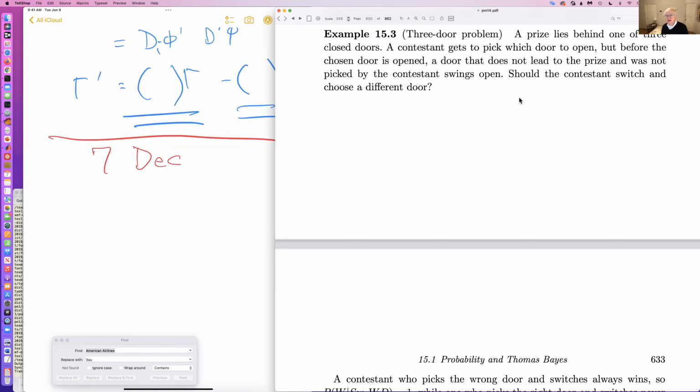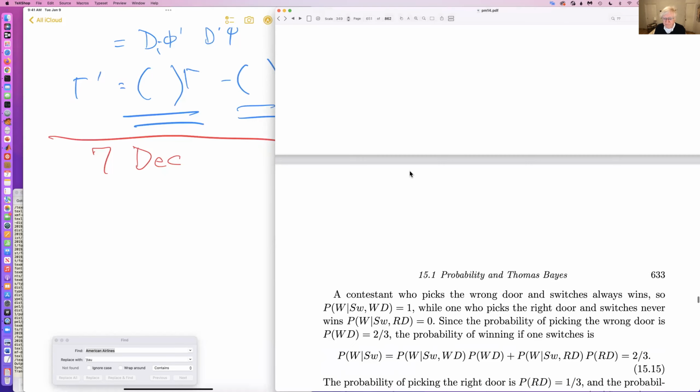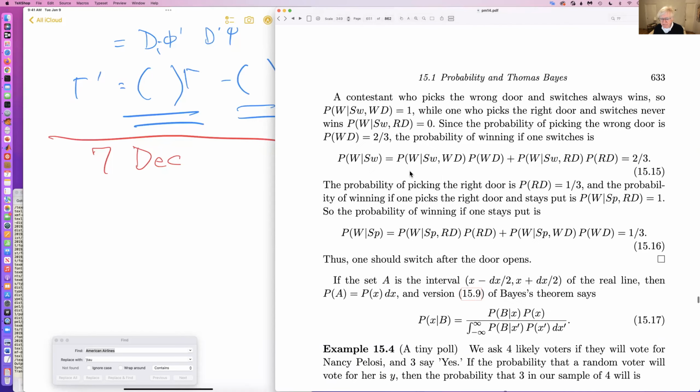So should the contestant switch and choose a different door? Here's the analysis. Once one goes through the analysis, one finds that one ought to switch, and one does twice as well if one switches. So let's go through the probability theory.